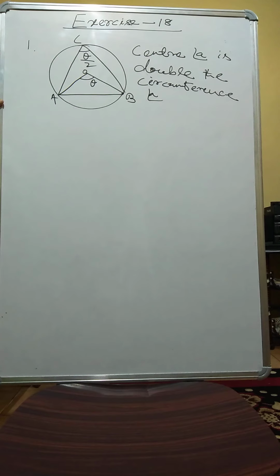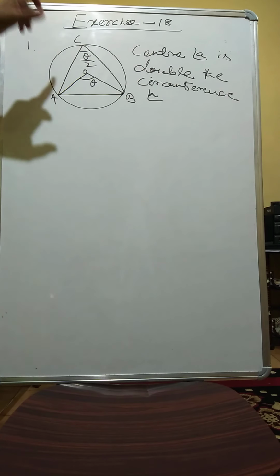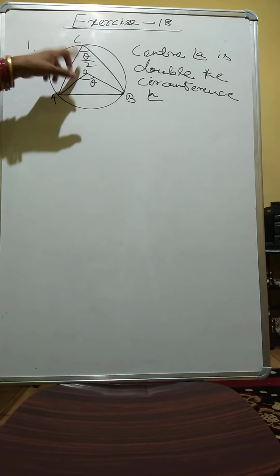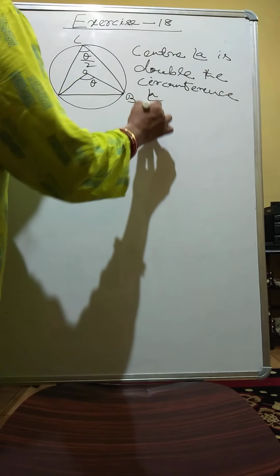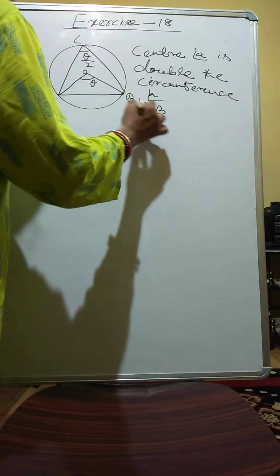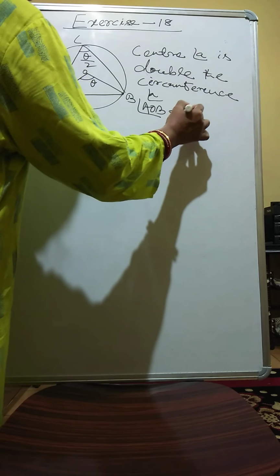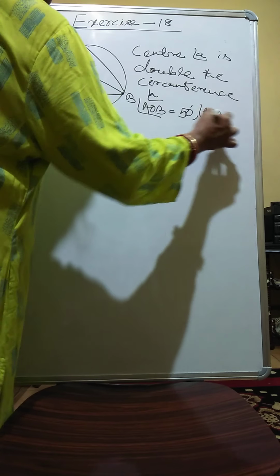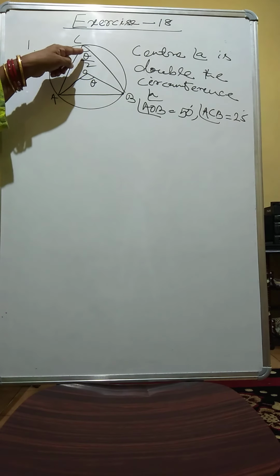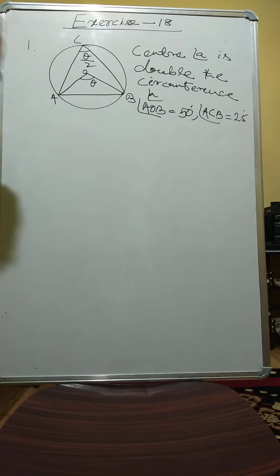You can say the angle obtained at the circumference is half of the center angle. If AOB angle is 50 degree, then ACB angle is 25 degree, because the circumference angle is half of the center angle. You have to write the properties.